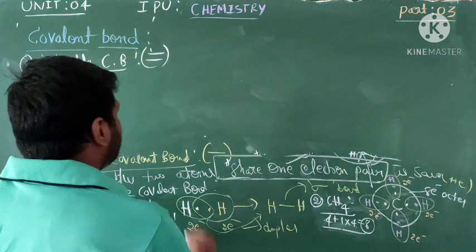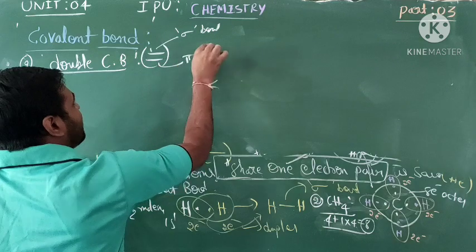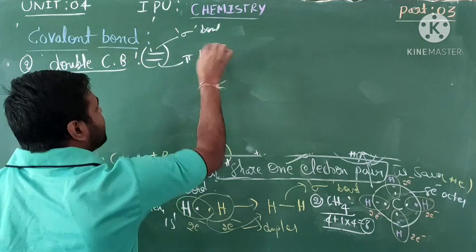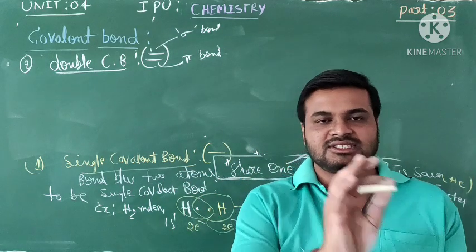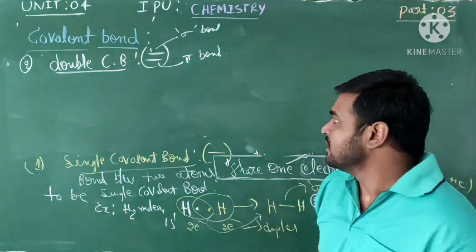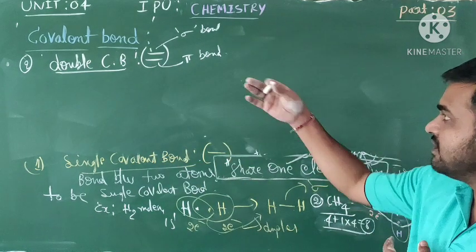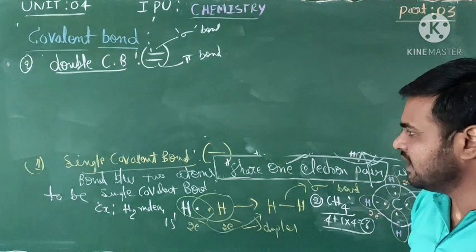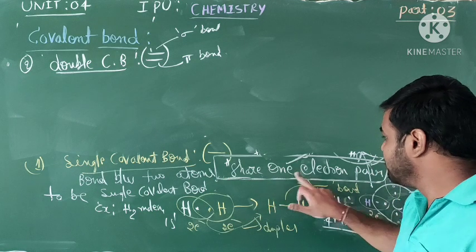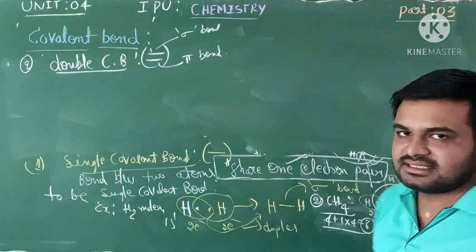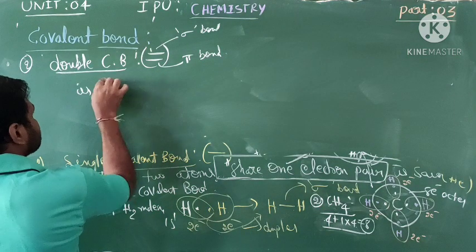In this double covalent bond, one we call a sigma bond, and another we call a pi bond. The first bond joining any atoms is called a sigma bond. So how are double bonds formed? See here, a bond between two atoms sharing two electron pairs. Clear?